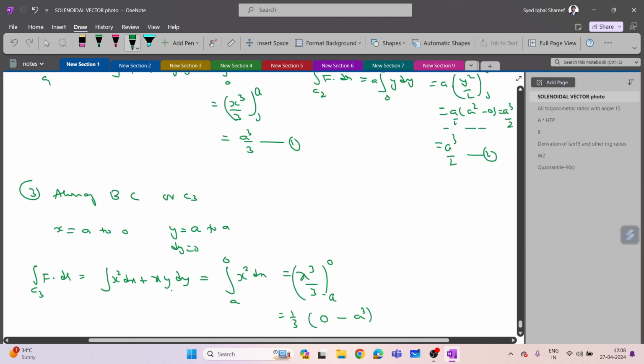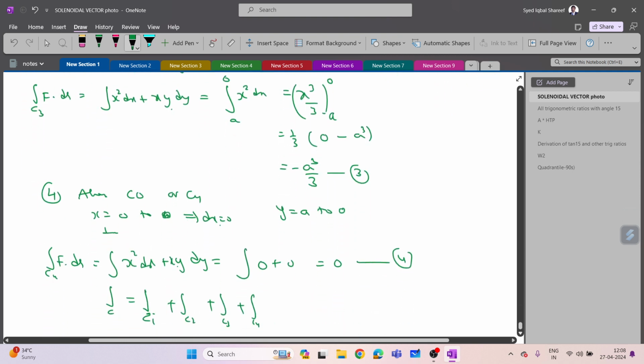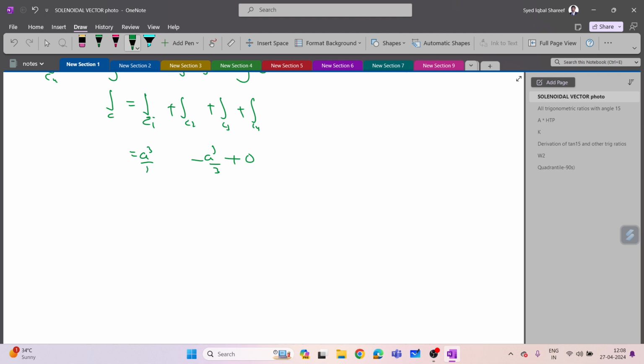C1 is a cube by 3, C2 is a cube by 2. So C1 plus C3 gives a cube by 3 minus a cube by 3, and the answer is a cube by 2.